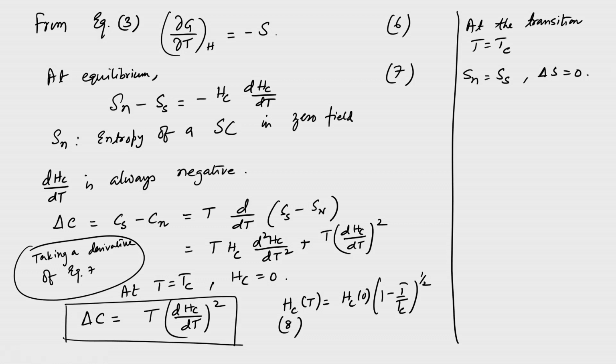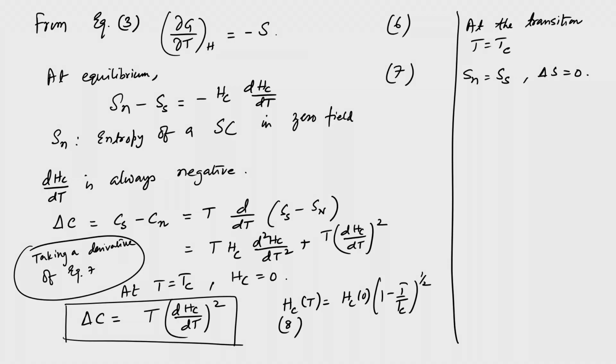So, we have obtained a form for the specific heat discontinuity and see what the value is. You can of course calculate from here dH_c/dT, take a square and multiply it by temperature, and you will get it; these are to be computed at T equal to T_c.